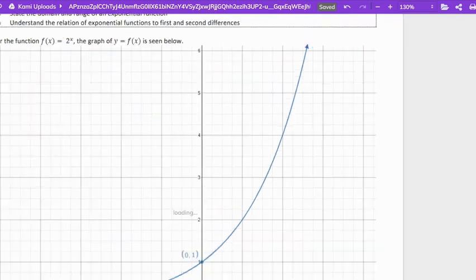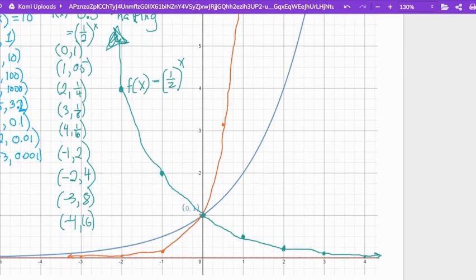Now let's use the colors on my graph. My green graph is similar, let's call it symmetrical to which graph? Blue or orange?